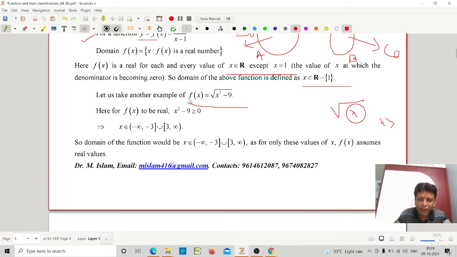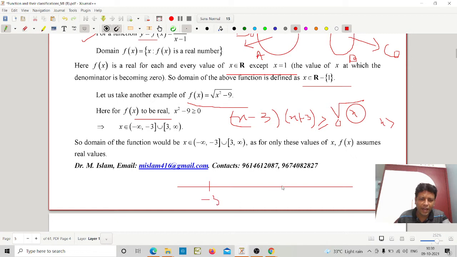So f(x) will be real if and only if x square minus 9 is greater than or equal to 0. That gives (x minus 3)(x plus 3) greater than or equal to 0. On the number line with minus 3 and 3, greater than or equal to implies you can go to the left of minus 3 or to the right of 3, including minus 3 and 3 because of the equal sign.